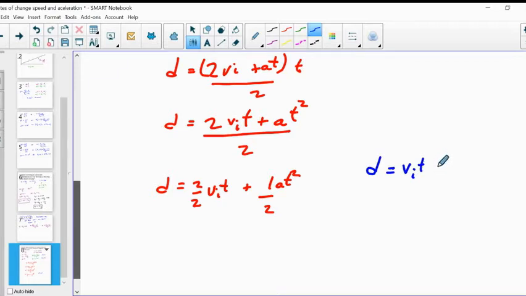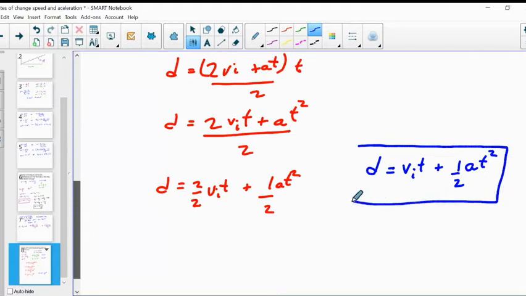So the initial velocity times time plus half of AT squared, or you might just say AT squared divided by 2, whichever works best for you. This is our third kinematic equation. These are good formulas to memorize so that we don't have to derive them every time we're solving a problem.